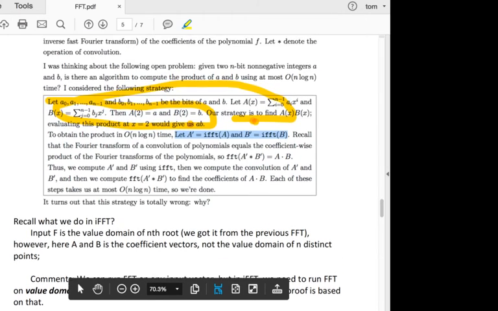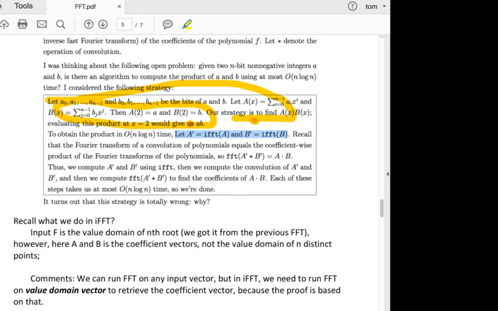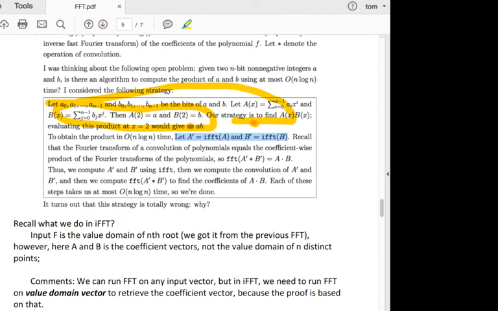So what is A? A is A0, A1, ..., An-1, like this, right? So A is the coefficient vector, because A0, A1, A2, A3 are just like the coefficients of the polynomial.